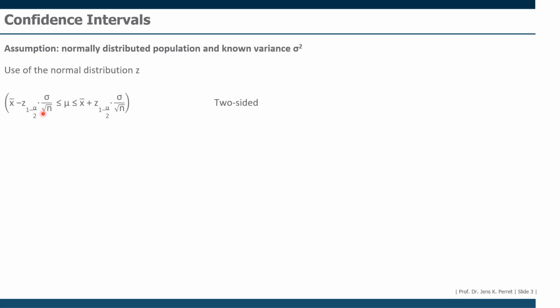First off, by dividing with the square root of the number of observations, the more observations we have, the smaller the deviations from the arithmetic mean become in both directions. So the more observations we have, the smaller the interval will actually be.